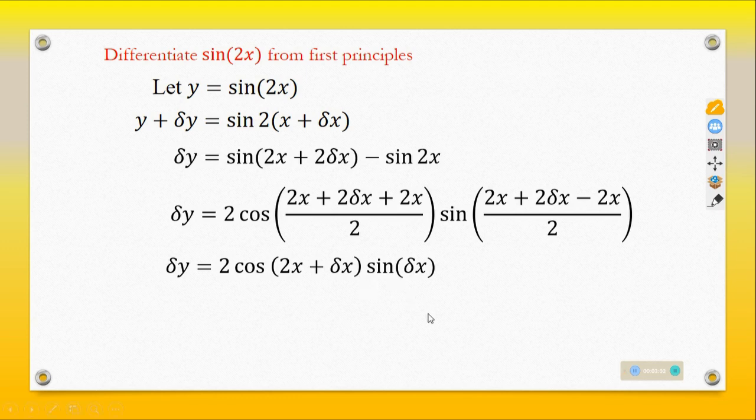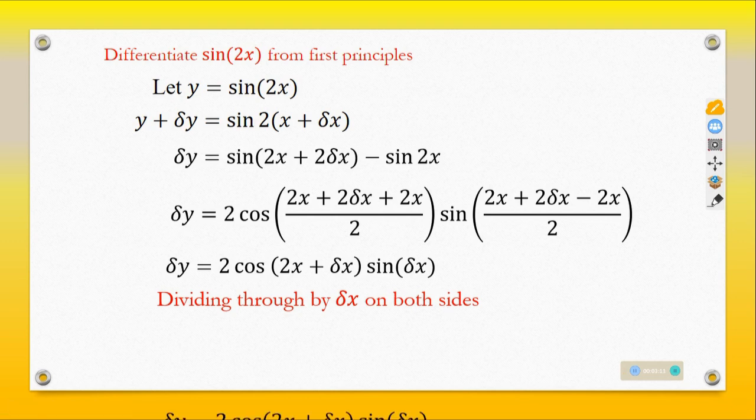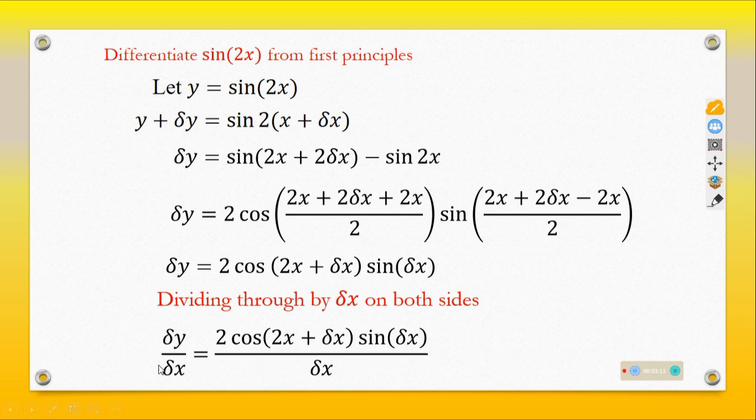Next we shall divide through by delta x, and on dividing through by delta x, we shall now have delta y over delta x, which is equal to this same expression here, 2 cos of (2x plus delta x) sine of delta x, all divided by delta x.